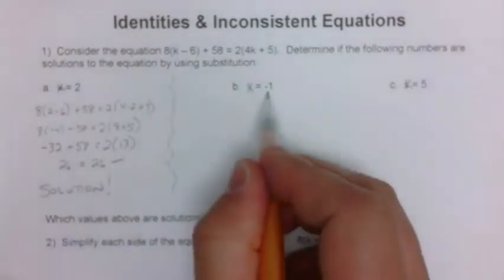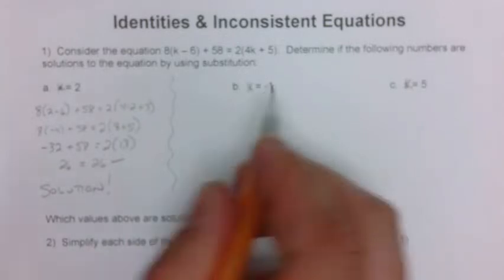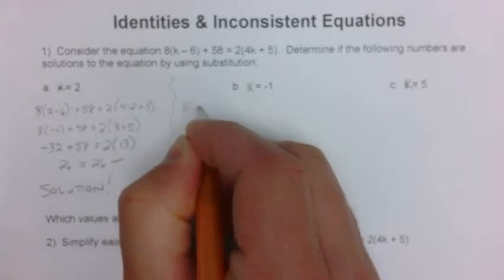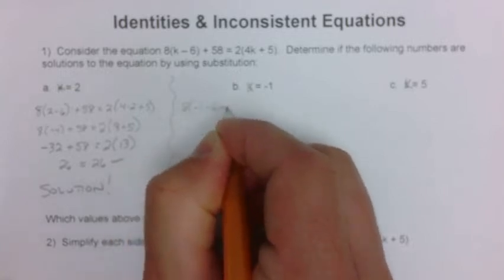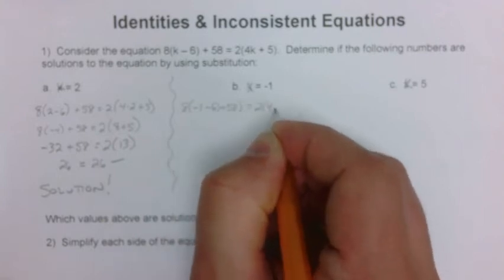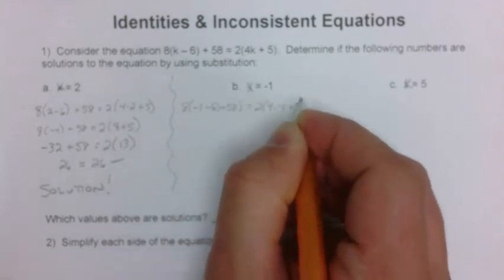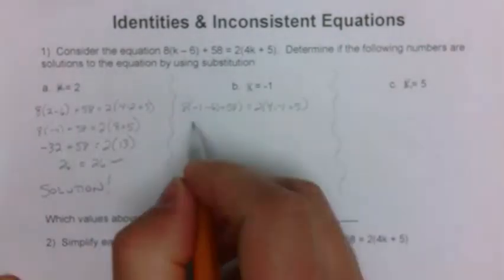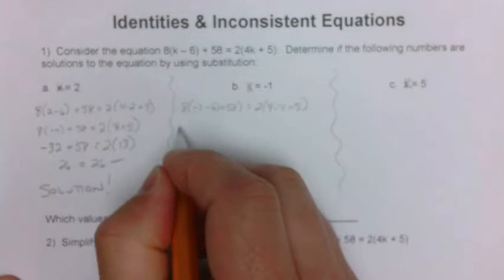What about when k equals negative 1? Just like before, I'm going to substitute negative 1 for my variable. 8 times (negative 1 minus 6) plus 58 equals 2 times (4 times negative 1 plus 5). In the parentheses on the left, negative 1 minus 6 is negative 7.